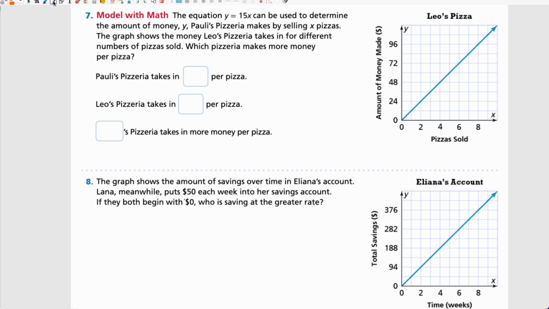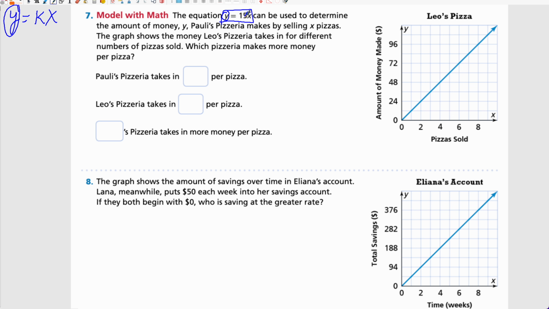Model with math. The equation y equals 15x can be used to determine the amount of money y Polly's Pizzeria makes by selling x pizzas. Did we talk about that equation yesterday? An equation that uses the letter k. Did we talk about y equals kx? Yes, we did. Okay, so if you have an equation that looks like this, I see a y just like this one has.